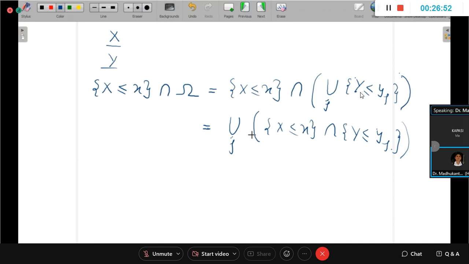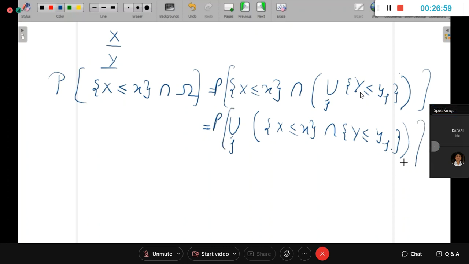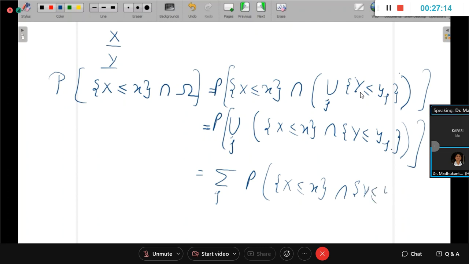I'm going to apply probability on both sides. Can I write it as the summation over j of the probability of x less than or equal to x intersection with y less than or equal to yj? No, sir, because these are not mutually disjoint events. That's why I can't write this.